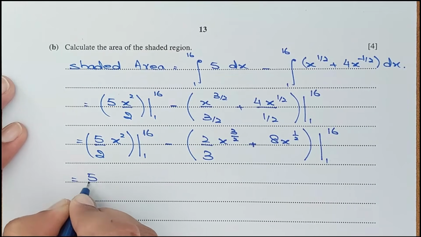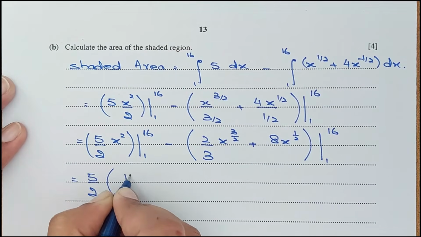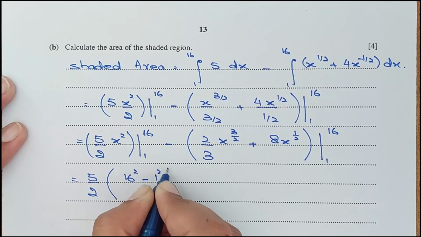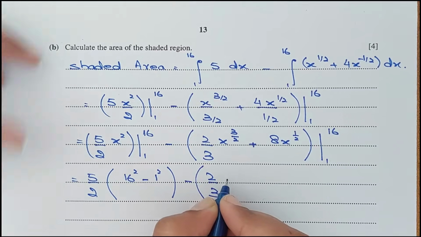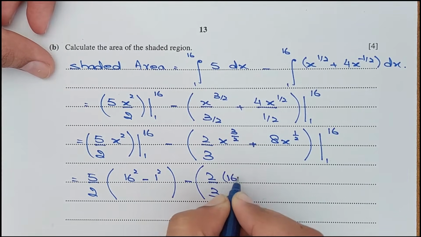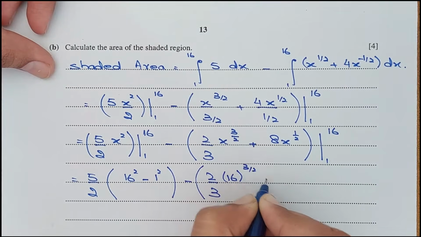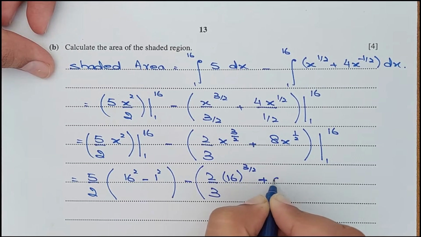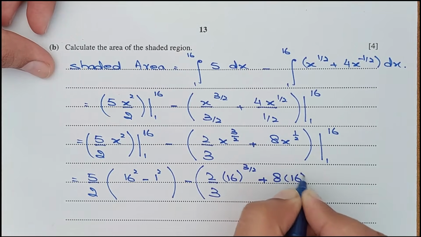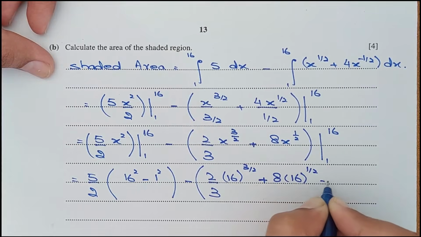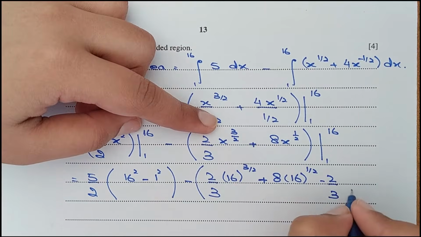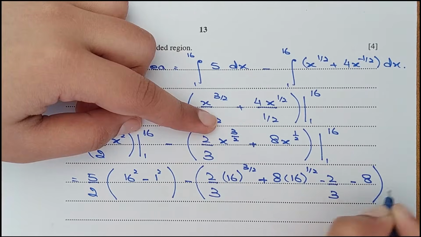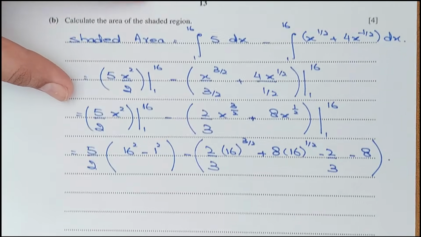We have 5 by 2 times 16 square minus 1 square, minus 2 by 3 times 16 power 3 by 2 plus 8 times 16 power 1 by 2, minus 2 by 3 times 1 power 3 by 2, which is just 1, and minus 8 times 1 power 1 by 2, which is also 1, right?